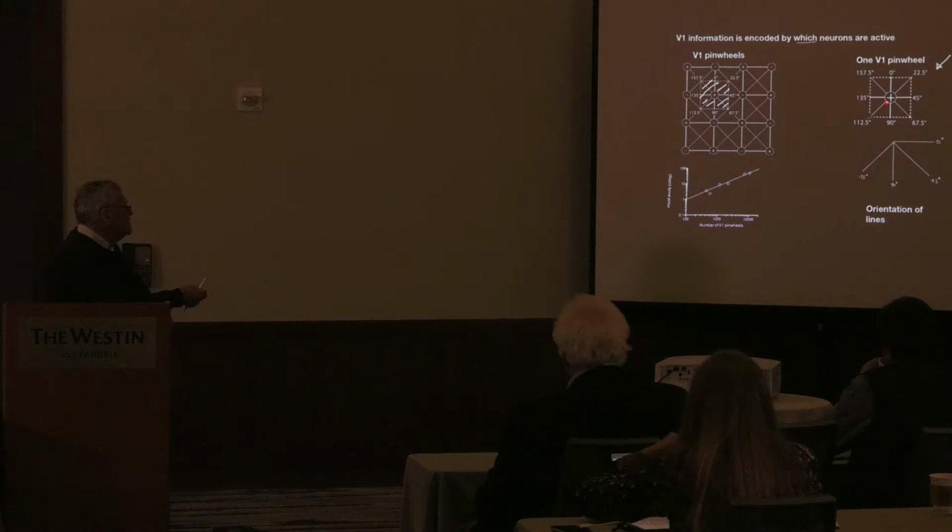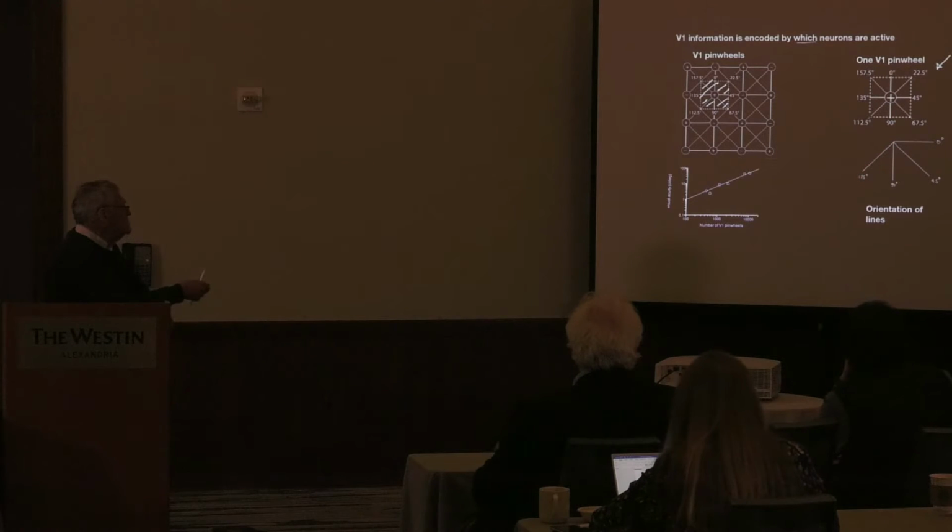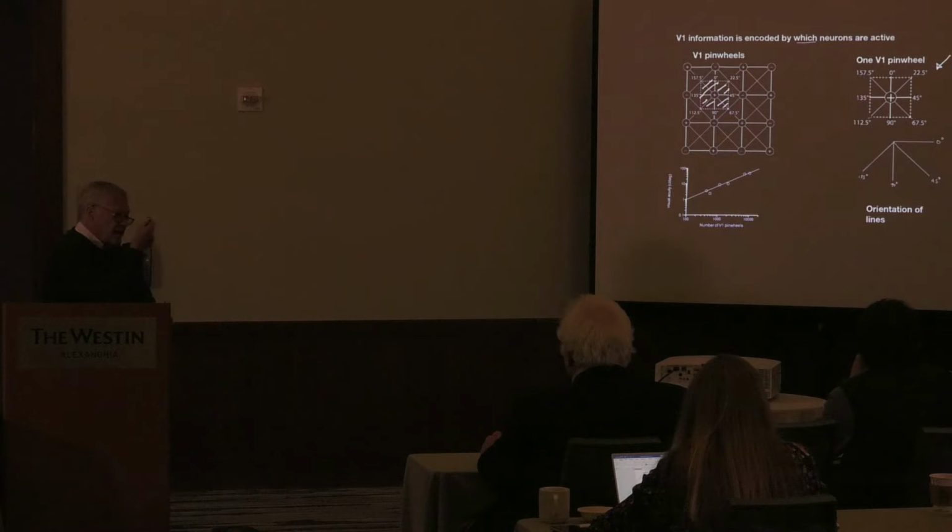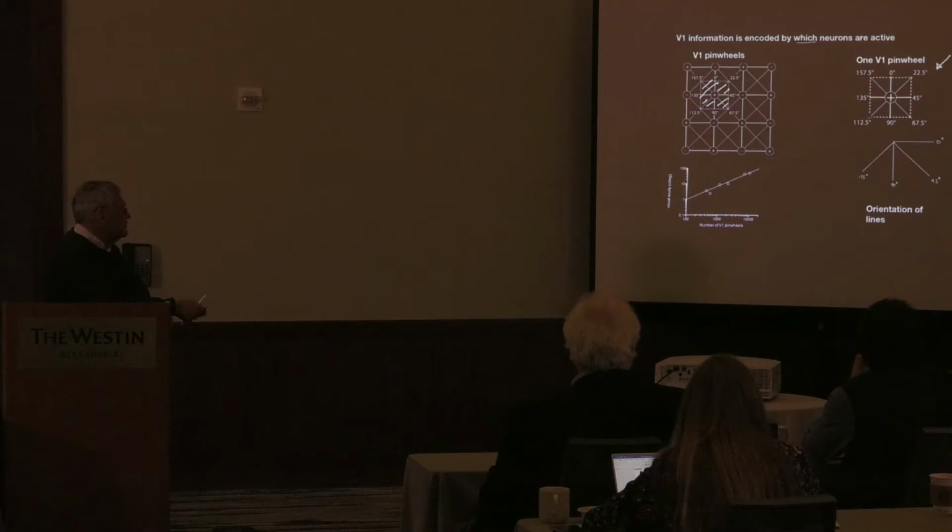All of the cells here respond to a slope of minus 135 degrees. And as you go around the pinwheel counterclockwise like this, the locations along every line here respond to a different orientation. They're called orientation tuning cells, and they are not all of the cells underneath the pinwheel, but there are a very large number of them.